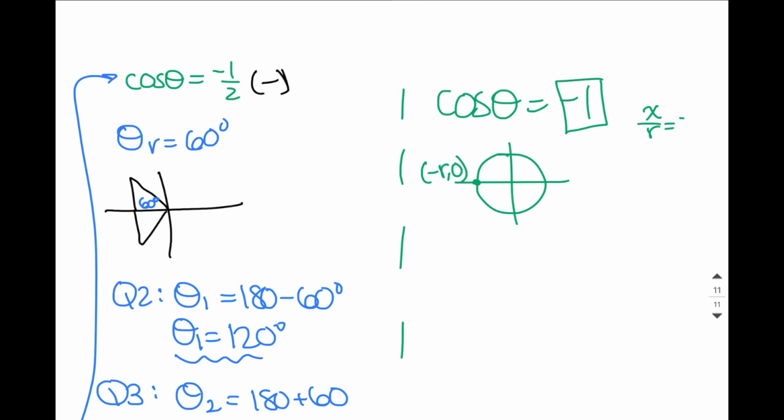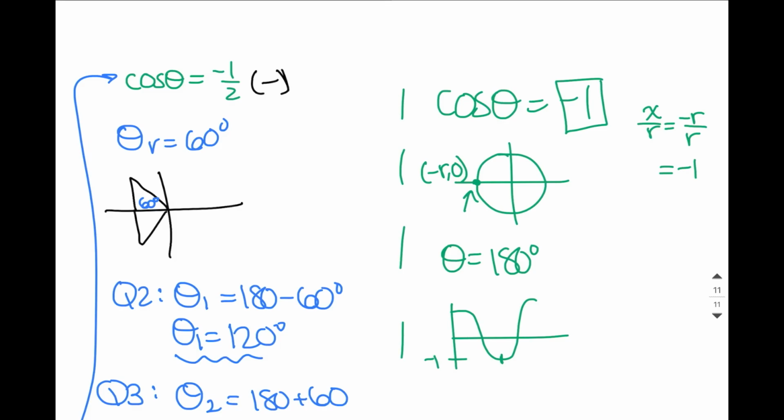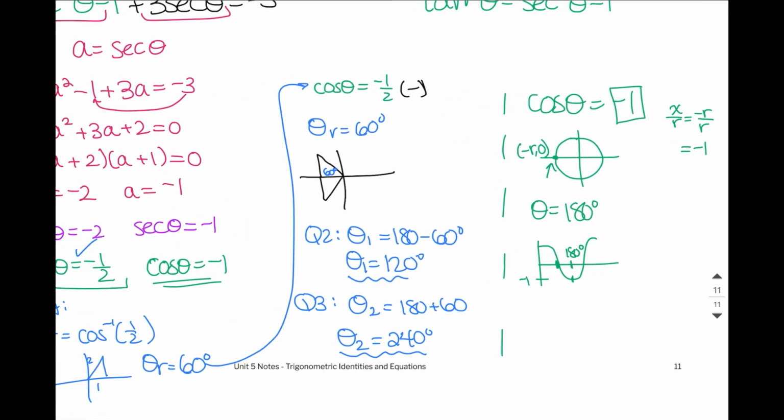So when I do x over r, it would be -r over r, which is -1. So that means right here that theta is 180 degrees. But we also know it's 180 degrees because cosine is equal to -1 at the second critical interval, which is 180 degrees as well. Okay, so that means that my solutions are 120 degrees, 180 degrees, and 240 degrees.